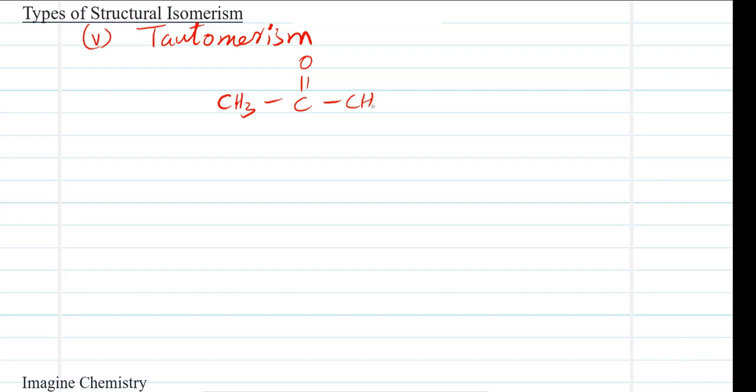acetone. So you know that this carbon, the proton attached on this carbon, is acidic. So it can also exist in the other form, which can be written like this.